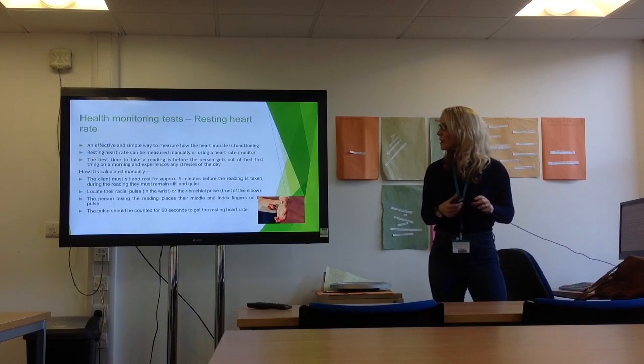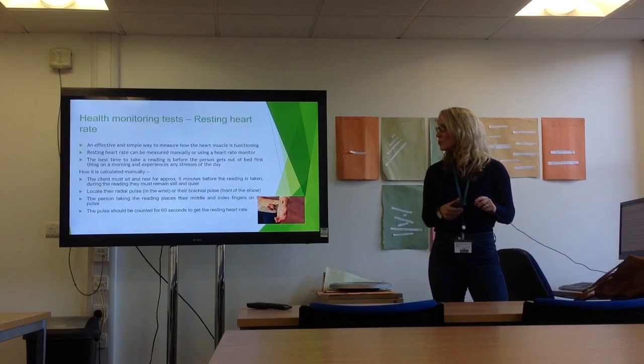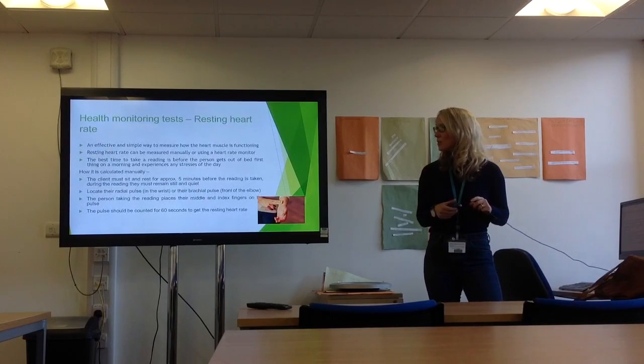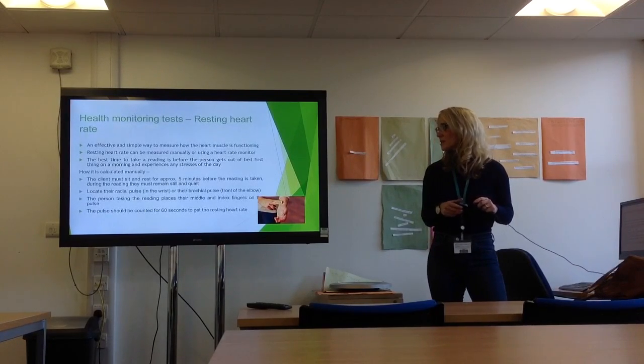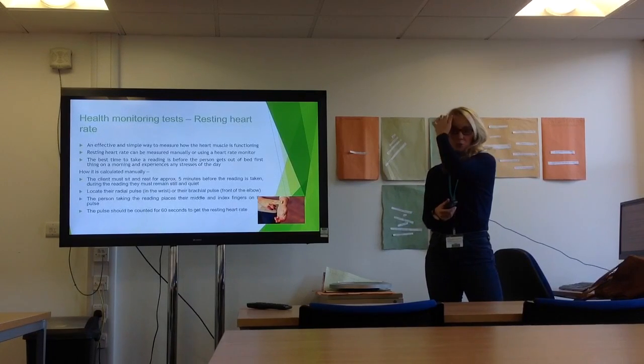So, resting heart rate. It's a simple and effective way to check how the heart muscle is functioning. It can be measured manually or using a heart rate monitor. The best time to take it is first thing in the morning before the person gets out of bed and before they encounter anything in the day, any exercise or movement or work.